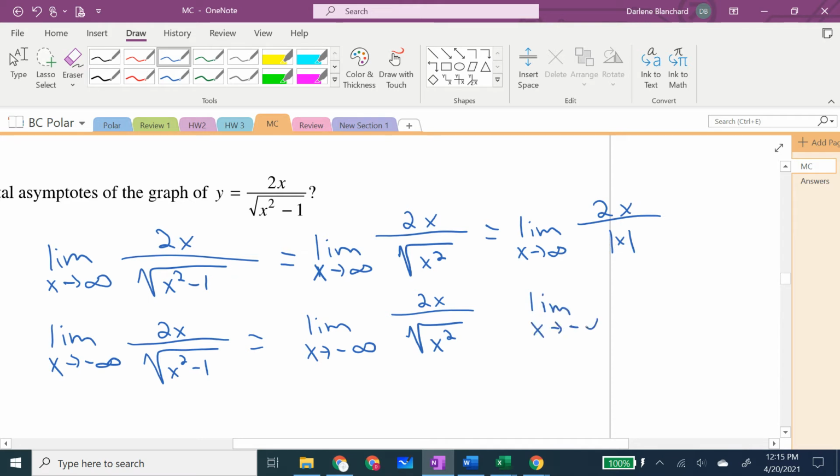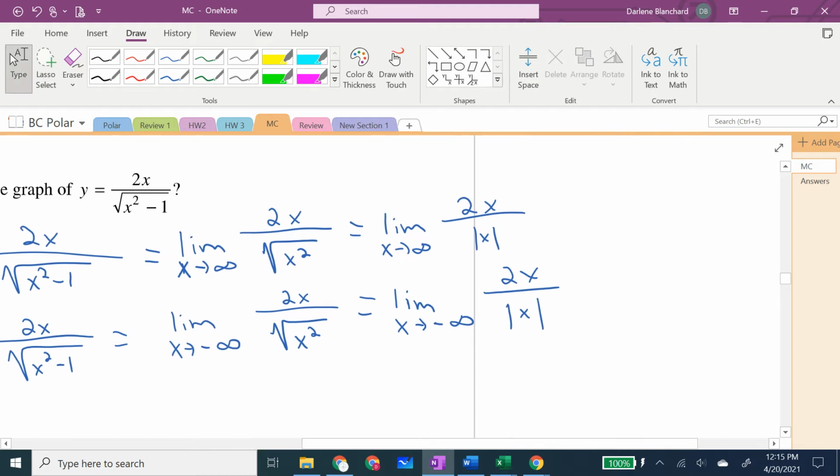And if I'm dealing with a positive infinity and a negative infinity, I'm getting 2 answers. If I'm approaching positive infinity, I don't need the absolute value sign, and it's just 2. But if I'm heading to negative infinity, then think about it this way.